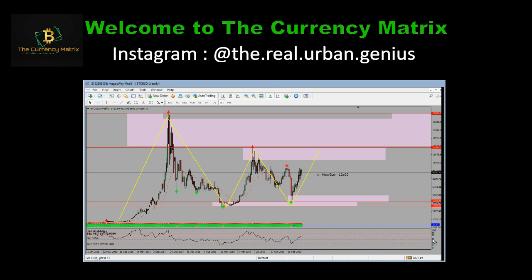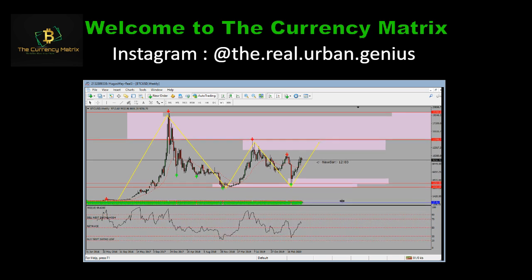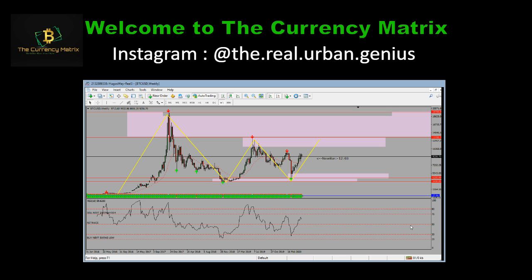As far as the RSI down here is concerned, the RSI measures momentum. So when momentum is above 50, we're in a bullish momentum or a bullish trending market. When price is below 50, we are in a bearish trending market. When we are in the bullish above 50, we are looking for new highs.